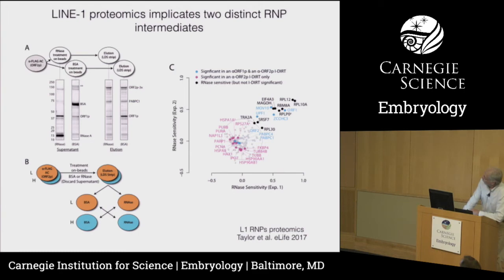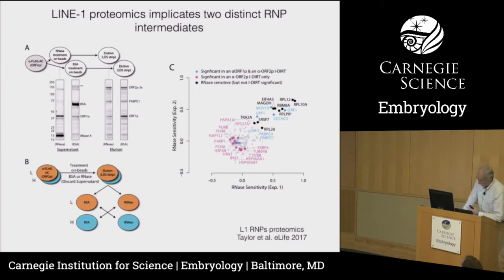And what we showed was that there were two different forms of RNP, one of which is highly enriched for cytoplasmic proteins and is associated with particles that have abundant ORF1 in them, and a second cluster that's associated with nuclear factors and is very much depleted of ORF1.